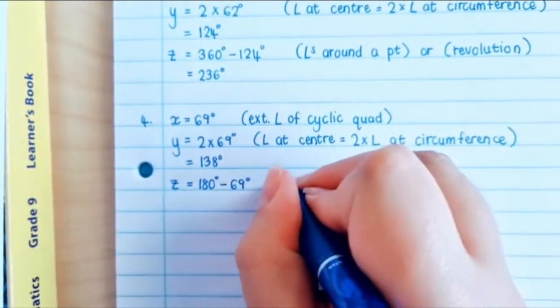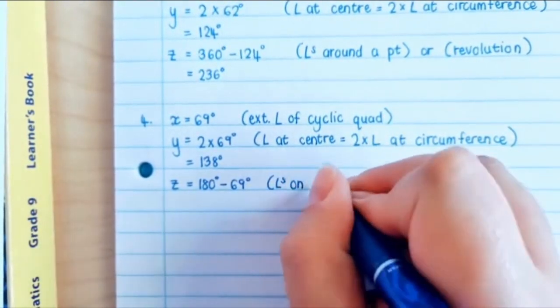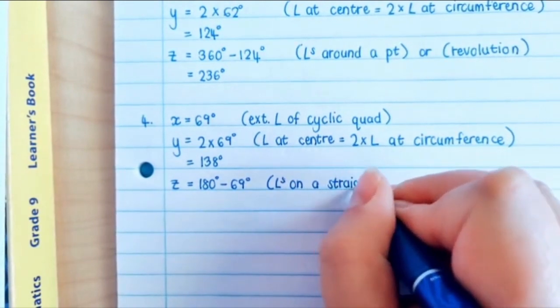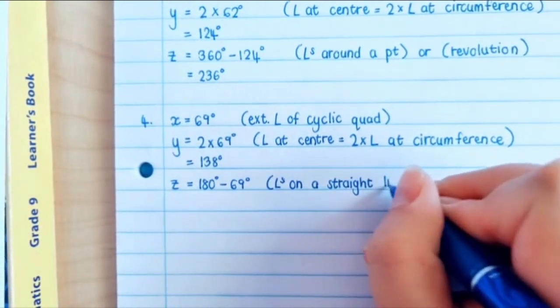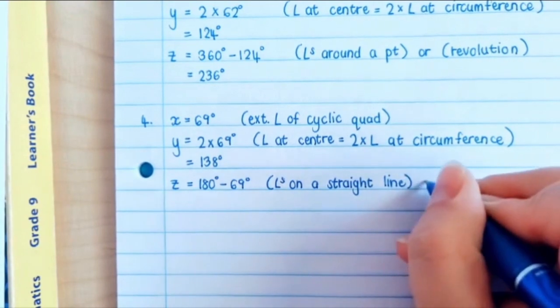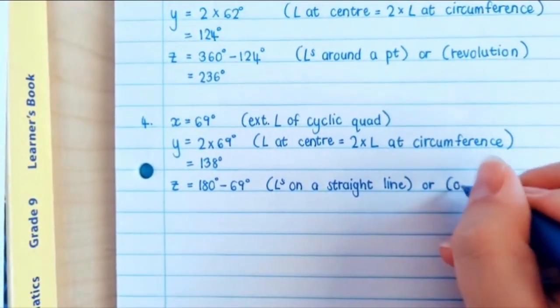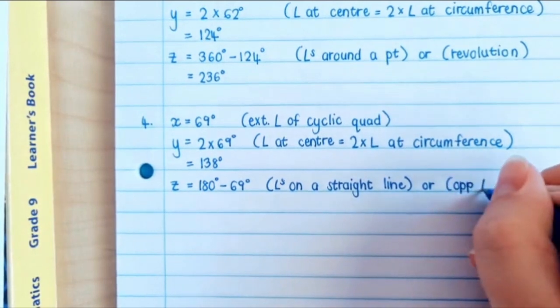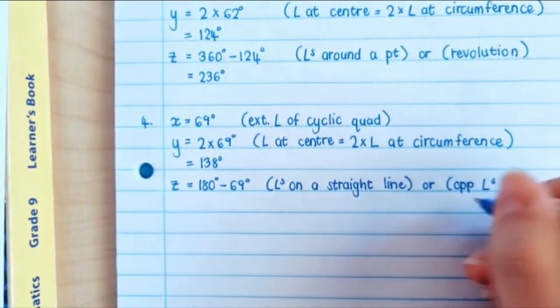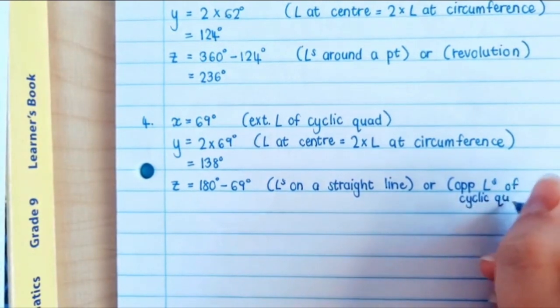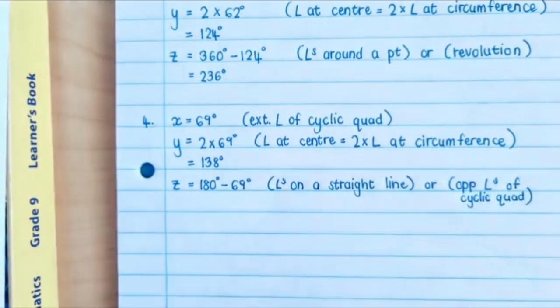So you can say angles on a straight line, or you can say opposite angles of, I'm just going to squeeze it in here at the bottom, cyclic quad.